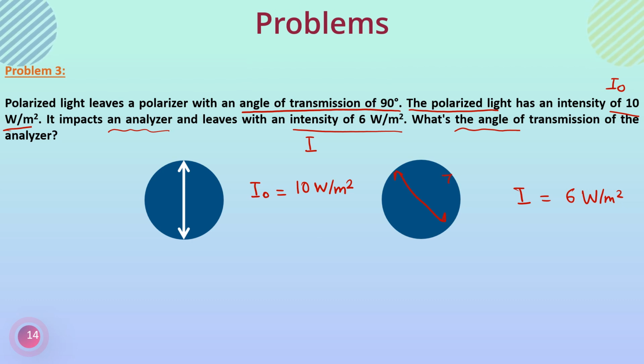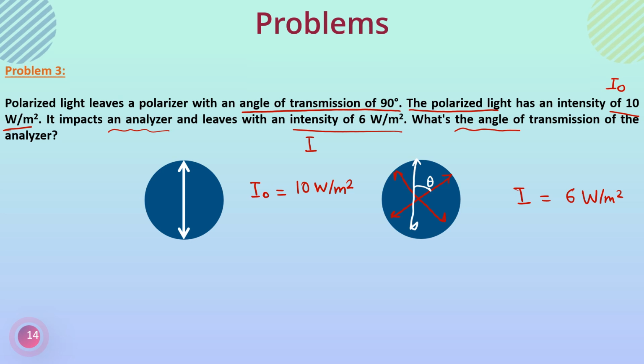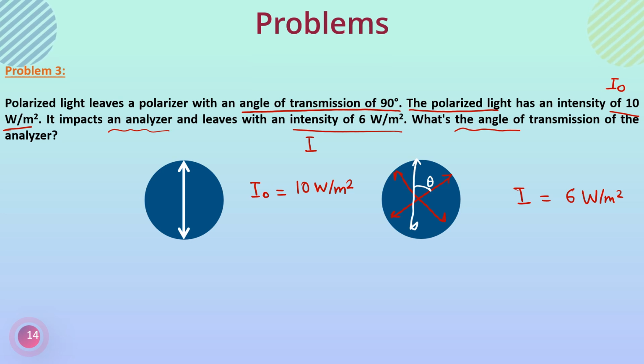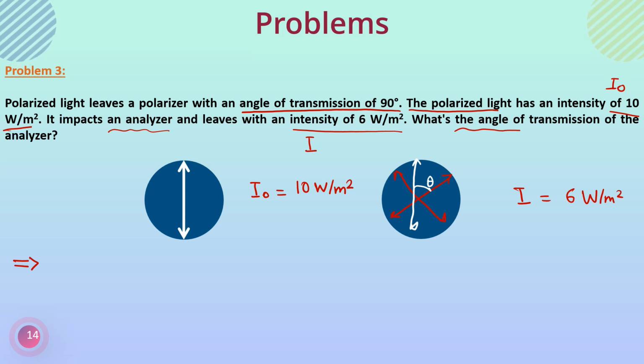Is it like this? Is it in this way? Well, we need to figure out the angle with respect to the polarizer. We need to figure out this theta. Okay, how can we approach it? First step is to write the formula.